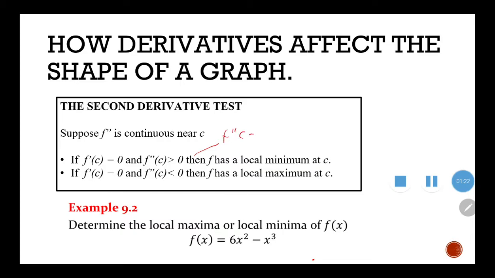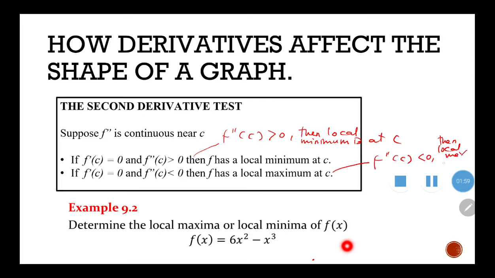If f double prime at C, which means you derive it two times, is larger than 0, then there is a local minimum at C. And if f double prime at the critical number is less than 0, then there is a local maximum at C.